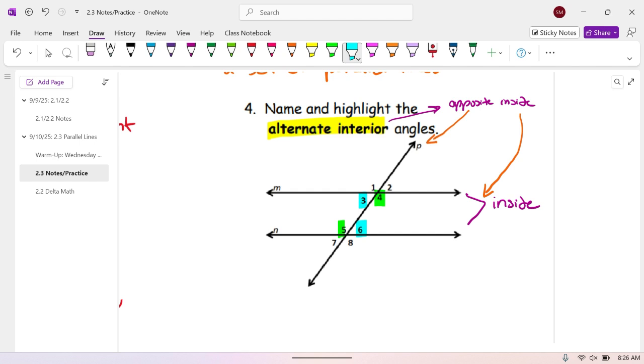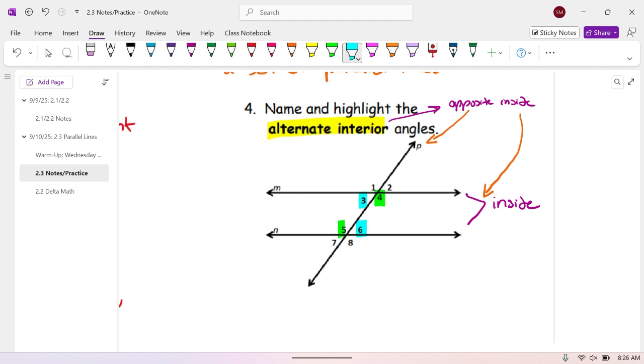I'll give you guys a hint. Why do you think 5 and 6 are not alternate interior? Well, they add to 180 for one thing, but also because even though they're on opposite sides of the transversal, they're not opposite from each other. They're not diagonal from each other.